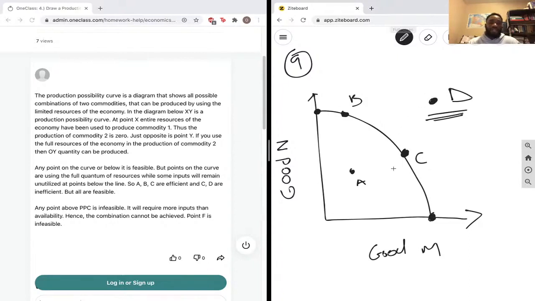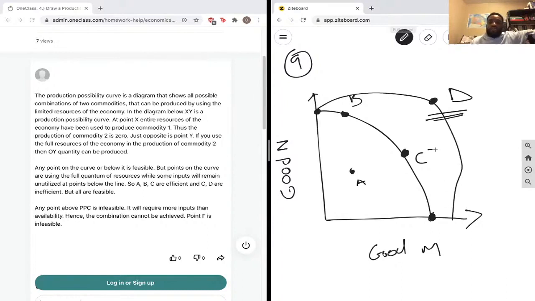Now, for it to become feasible, there would need to be something like an increase in labor or an increase in resources, or maybe a technological increase that allows us to be able to produce more than this line over here. And in that case, the production possibility frontier would eventually shift, and it could be something like this.